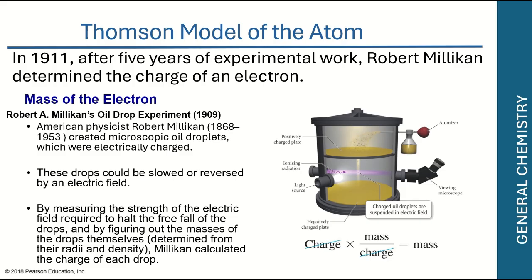In 1911, another experiment was used by Robert Millikan to find the charge of an electron. They used this experiment, where you can see over here we have an atomizer that will spill some oil, creating microscopic oil droplets which are electrically charged.